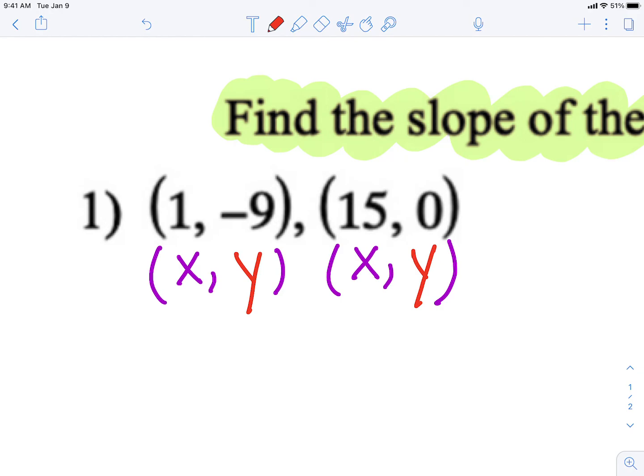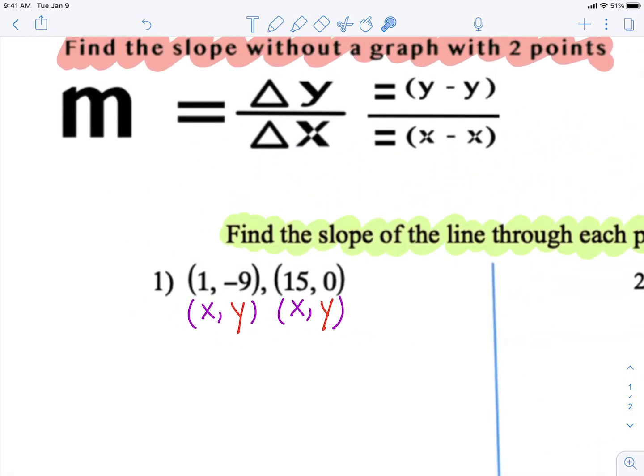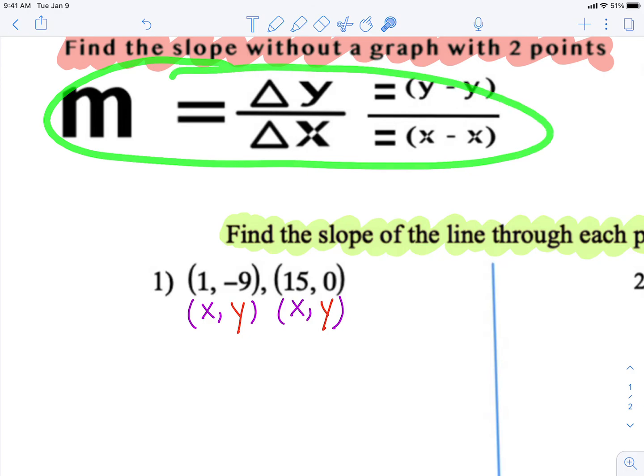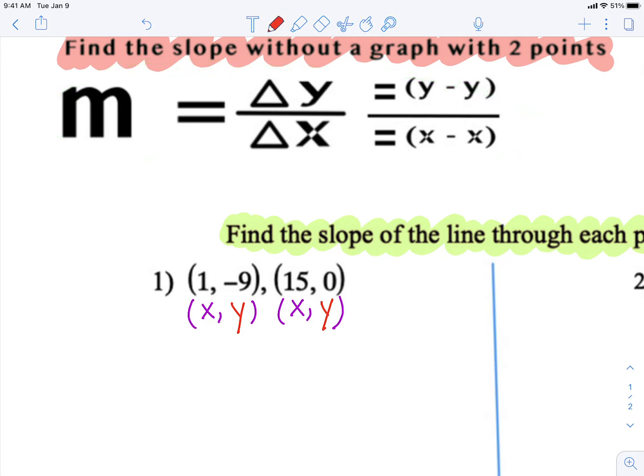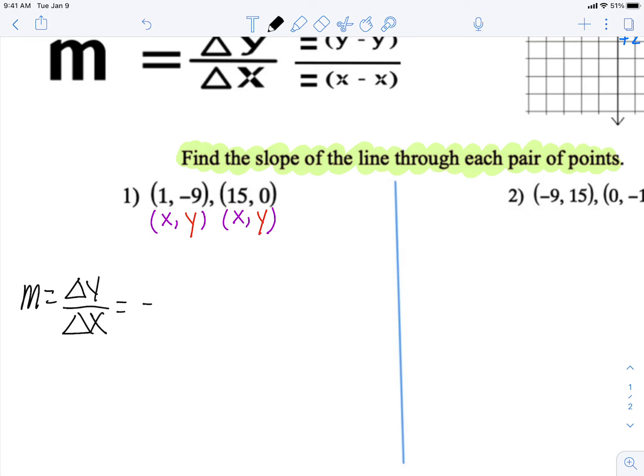Once I've identified my x's and my y's, I'm going to use my formula right here. So let's go with traditional black here. I'm going to say m is equal to delta y over delta x, which is equal to, oh my God, that was a horrible line.